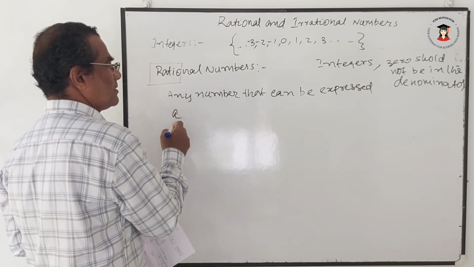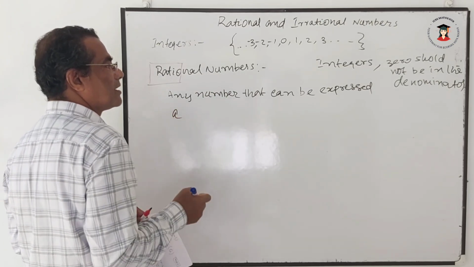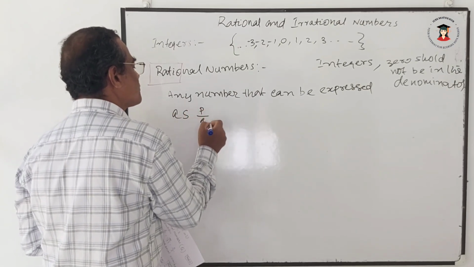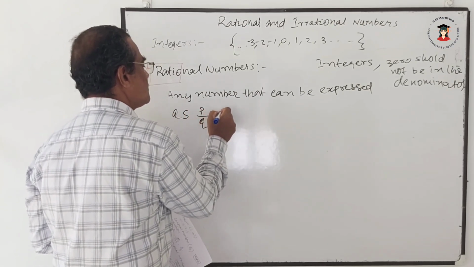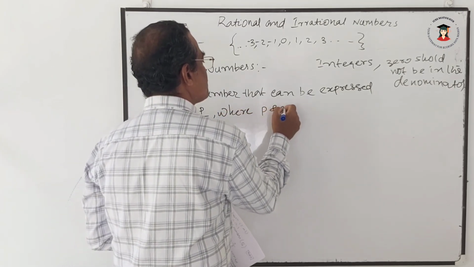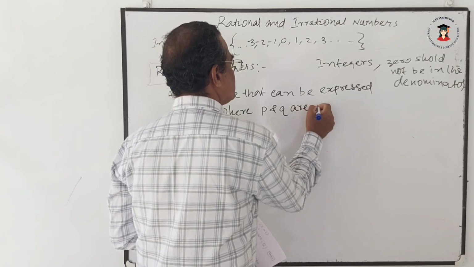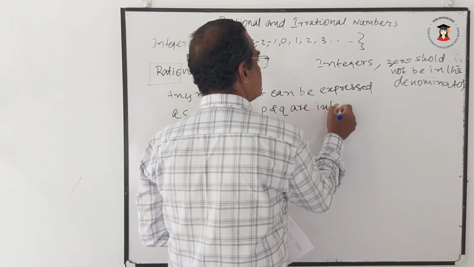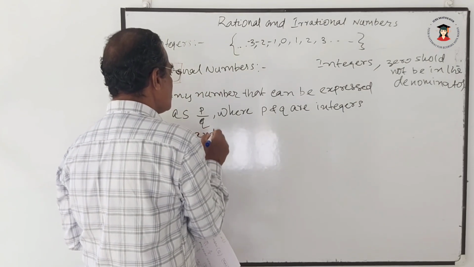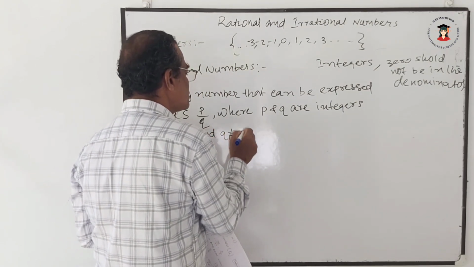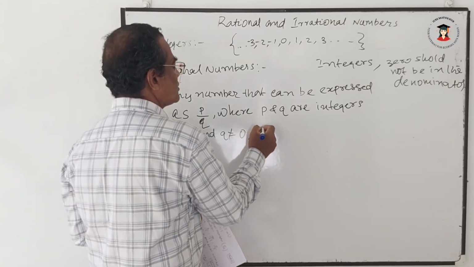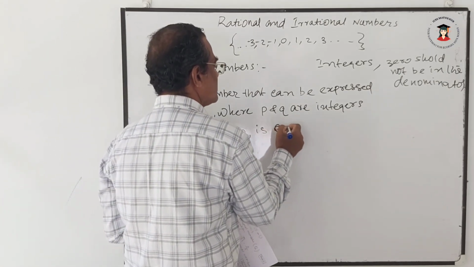There they have written like this: any number that can be expressed as P by Q, where P and Q are integers and Q not equal to 0 is called a rational number.